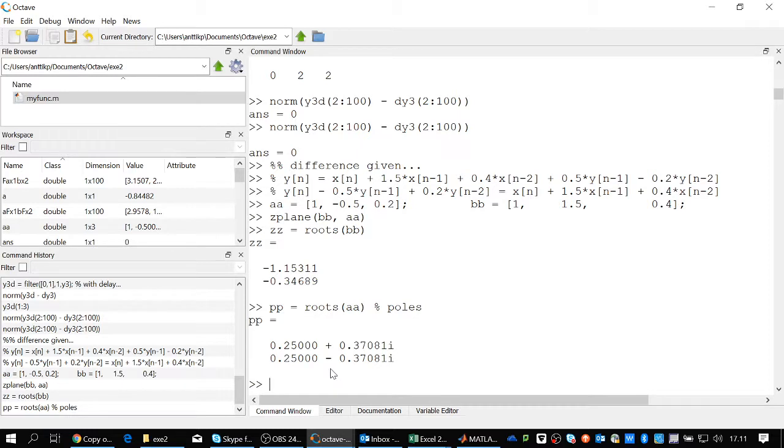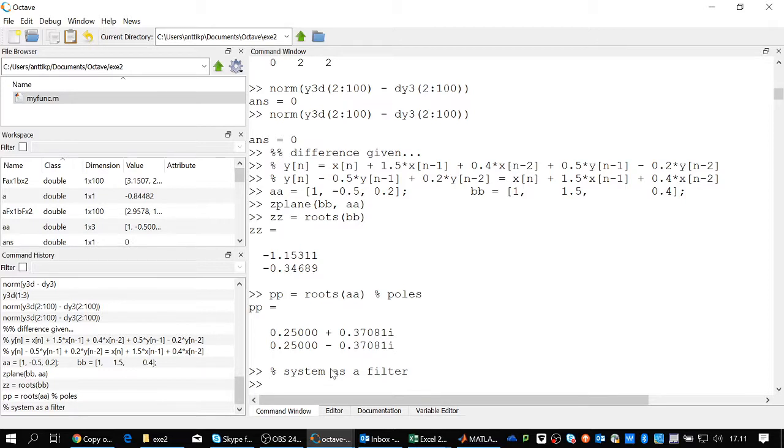start filtering. So these are actually filter coefficients. Any linear time invariant system can be considered as a filter of some sort. So this is the system. That's a filter.